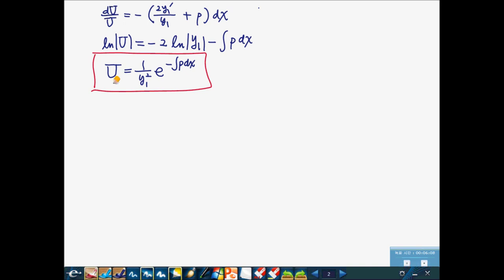One integration will give you small u. If you integrate big U, then you'll get small u, right? And small u times y1, the known solution, will give you y2. Okay?